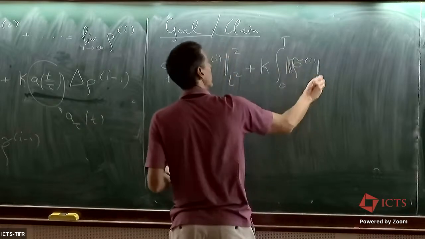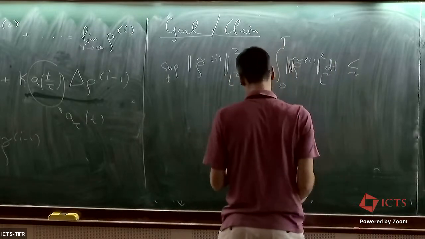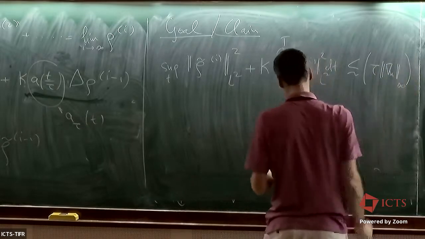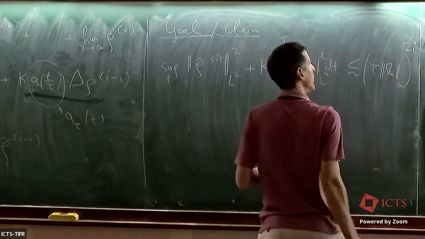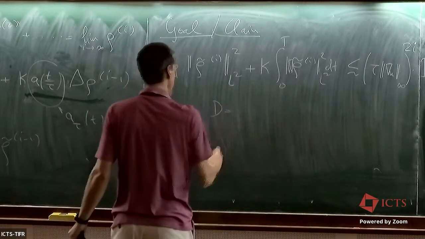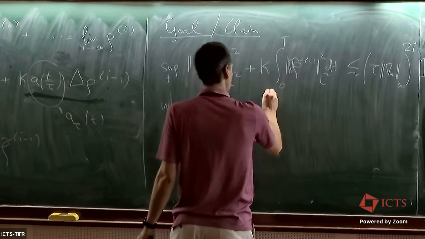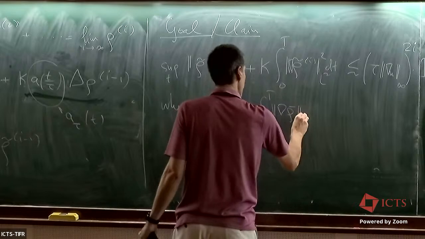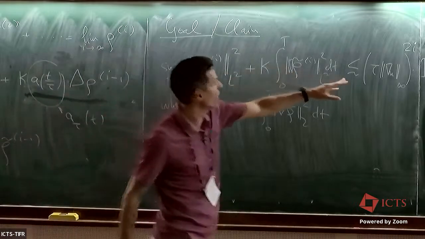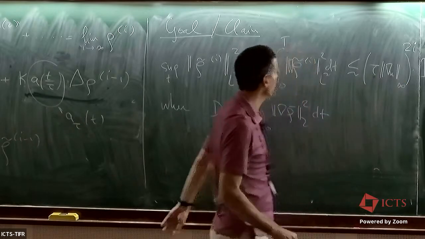Gradient is bounded by tau times gradient u in L infinity to the power 2i times d, where d is the dissipation of the rho bar. So this is kappa times gradient rho bar, L2 squared. Okay, so you see the higher approximation, if this is a small number, gets better and better. That's the estimate.